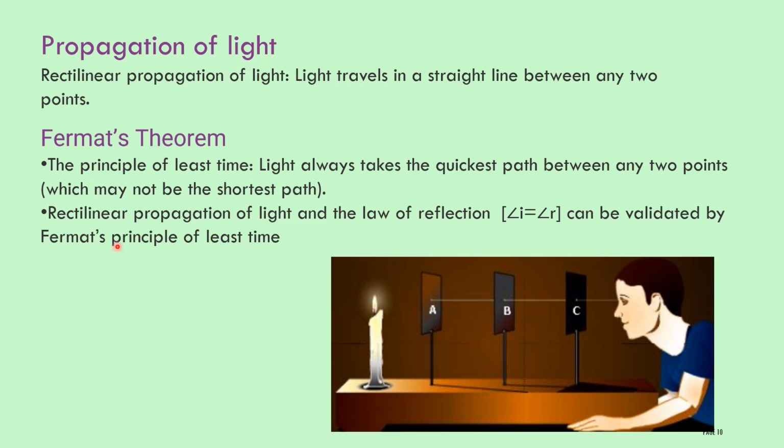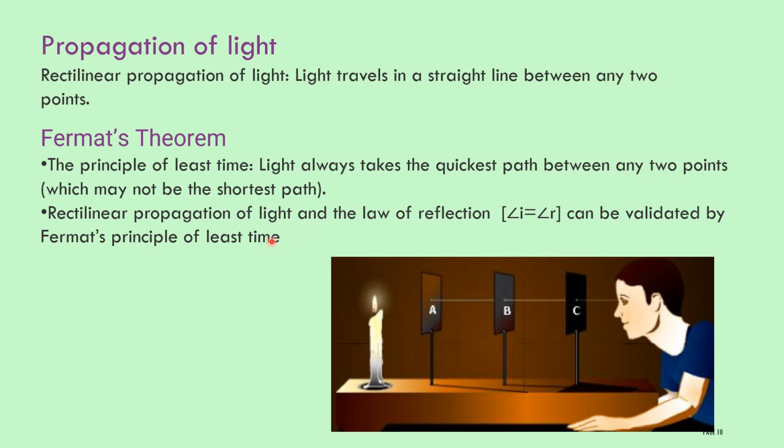Then Fermat's theorem, the principle of least time. Light always takes the quickest path between any two points, which may not be the shortest path. Already I told you, light rays always travel in a straight line, and it always involves a short path between any two points.